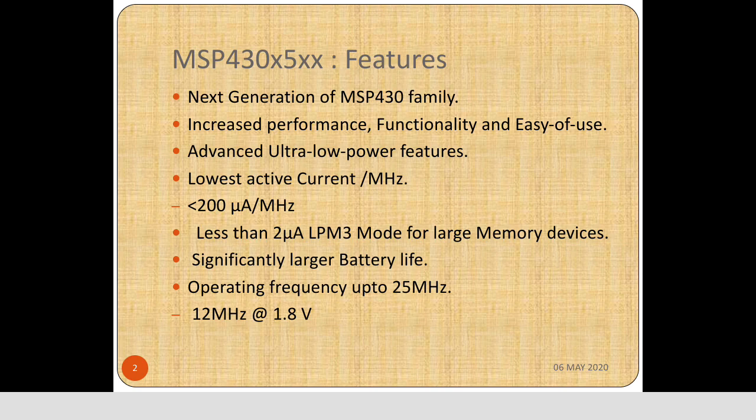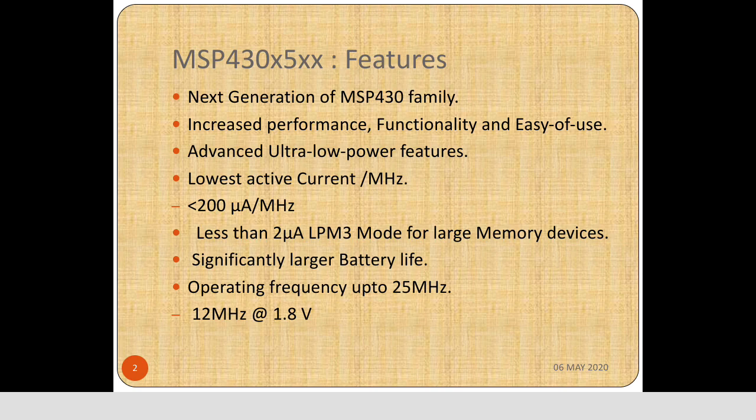The 4-axis version operates with a voltage range between 1.8 to 3.6 volts, but here the 5-axis operates with a much lesser voltage than this. That's why this is an ultra low power feature, and the current requirement according to the frequency is very less, less than 200 microamps per megahertz.